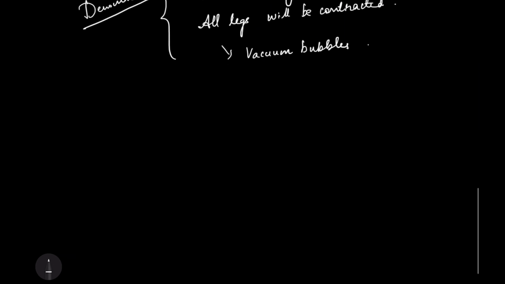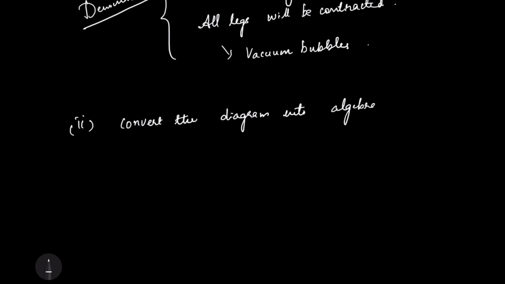Then the second step is to convert the diagram into an algebraic expression. This can be done using the Feynman rules that we have seen in the previous class, and after that you have to sum it all over.